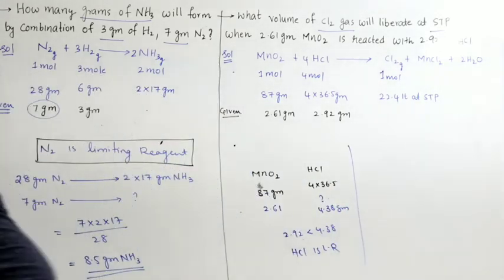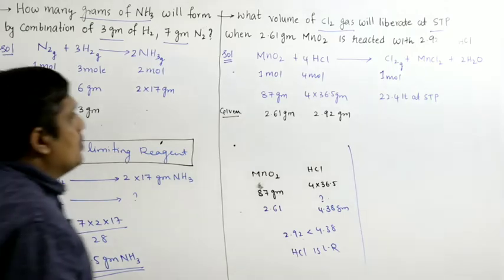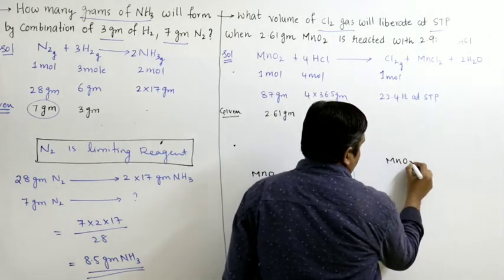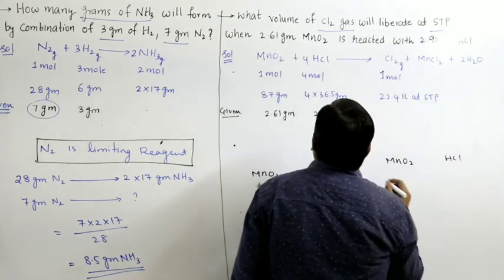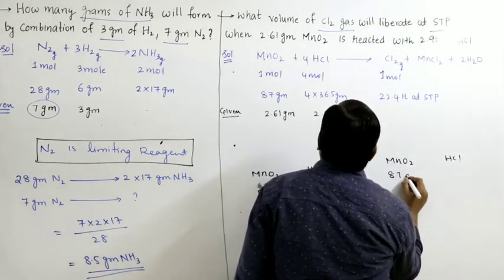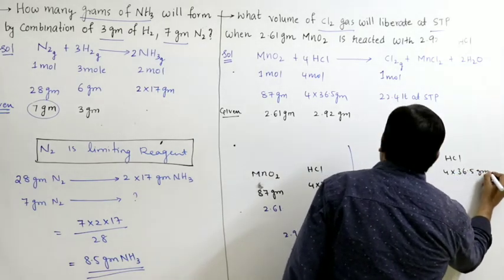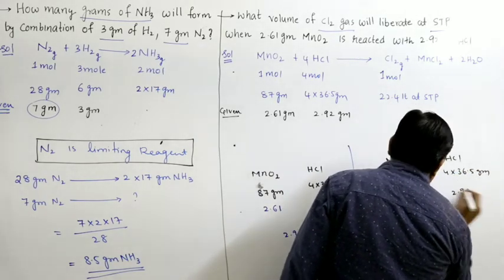Or what is the other way? So I can write like this: MnO2, HCl, 87 grams requires 4 into 36.5 grams, but how much is given? 2.92.